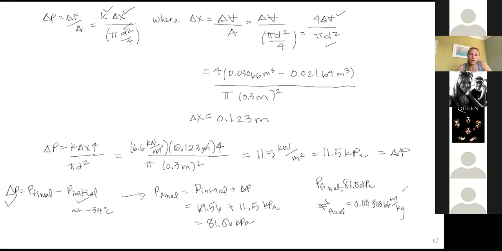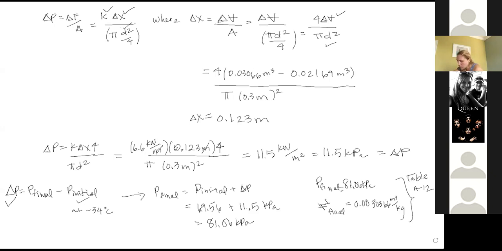So we can go to our tables and find what our temperature and enthalpy values are associated with this pressure and this specific volume. So instead of using table A11 right now, we're going to use table A12 since we're looking at pressure as our main first column instead of temperature. So this is going to go to table A12. It's still saturated liquid vapor, but our first column is pressure.